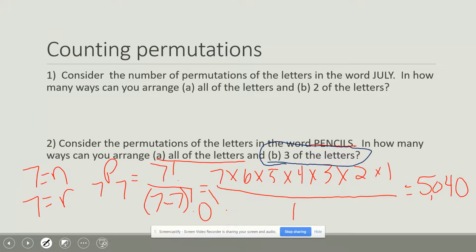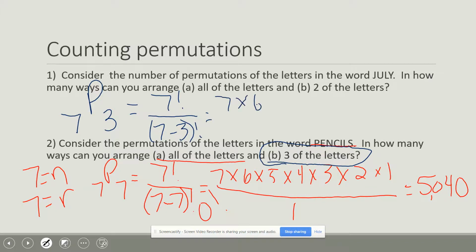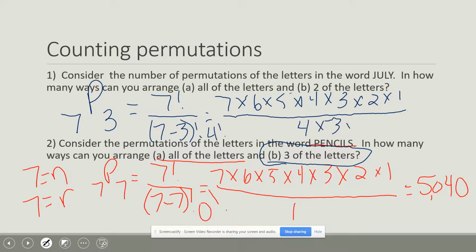All right, letter B. Now we're only going to use 3 letters. So we still have 7 total letters, but we're only going to use 3 at a time. There's only 3 spots. So we have 7 factorial over 7 minus 3 factorial, which again, 7 times 6 times 5 times 4 times 3 times 2 times 1 over 7 minus 3 factorial is 4 factorial, which is 4 times 3 times 2 times 1.